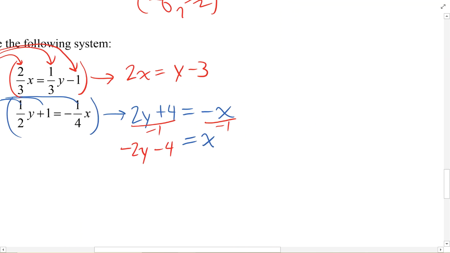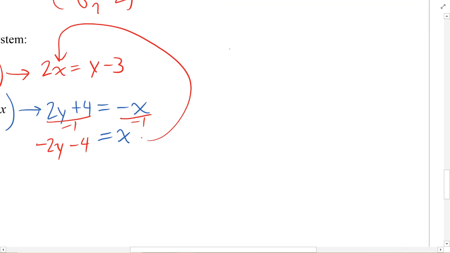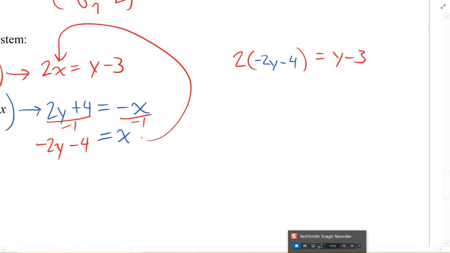Okay. So now you can substitute that into the top equation. So instead of 2x, you're going to get 2 times negative 2y minus 4, and that'll equal y minus 3. Okay. Go ahead, solve that.